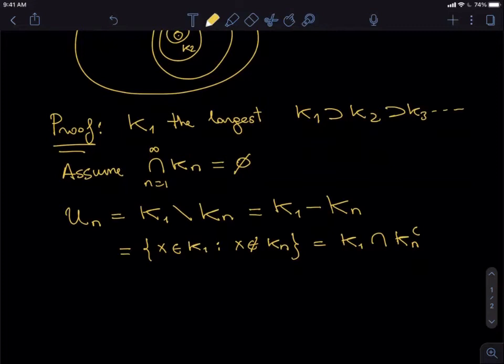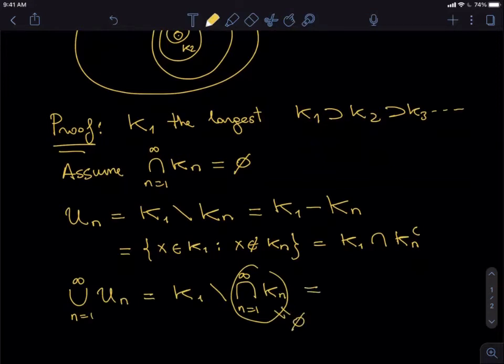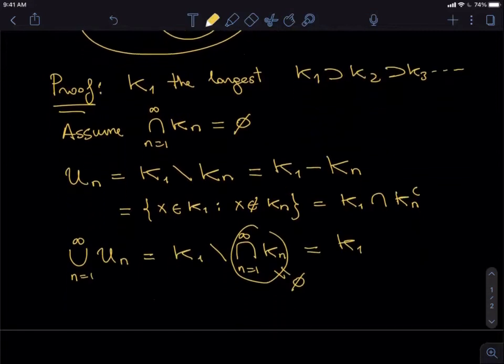So once we have the U_n defined, something we can observe is that when we take the union of all these U_n, this is K1 minus the intersection of the K_n. Now, because we are assuming that this intersection is empty, the union of all the U_n is equal to K1.